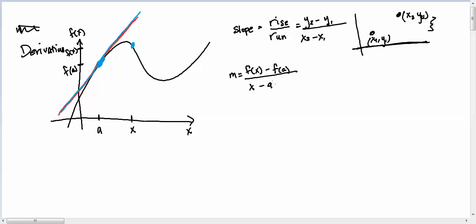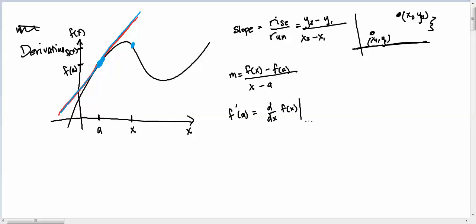Now, if we want to find the slope at that one particular point, the way we're going to denote this is f prime of a, also known as d dx of f of x, evaluated at a.